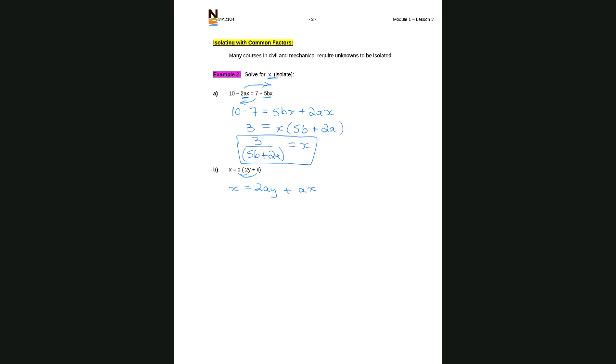There's other variables here, so look at the x terms. They have to be on the same side. Now I'll put it on the left side this time, and take out a common factor of the variable I'm finding.